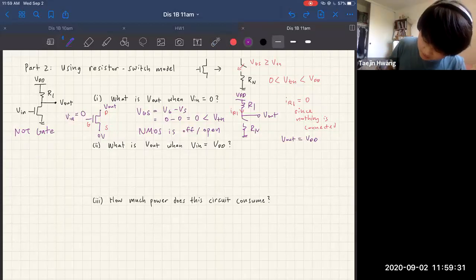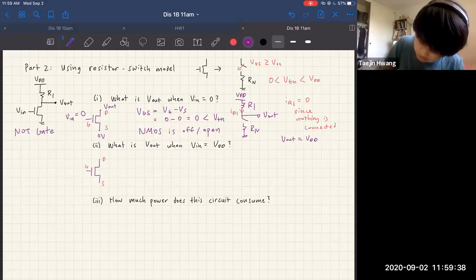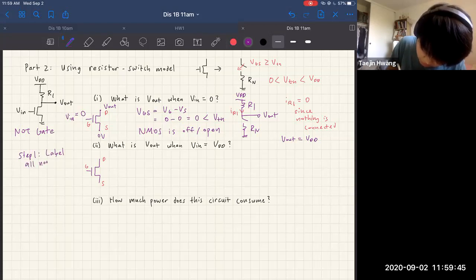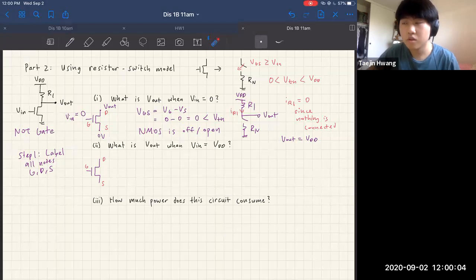To conclude the analysis here, we do the exact same thing. Step 1 is to label all the nodes G, D, and S. And why does it matter if IR1 is equal to 0? If there were some current flowing through here, then V out would be VDD minus IR1 times R1. That's the only reason.